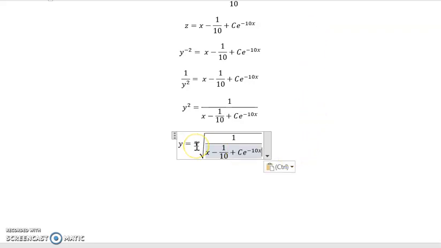And again, whether you use the plus or the minus will depend on your initial conditions. If y starts out being negative, you would use the negative square root. If y starts out being positive, then you'd use the positive square root. And you could use that initial condition, of course, to solve for the constant. But if you're going to solve for the constant, I recommend doing it up here, someplace where the sign is less important.